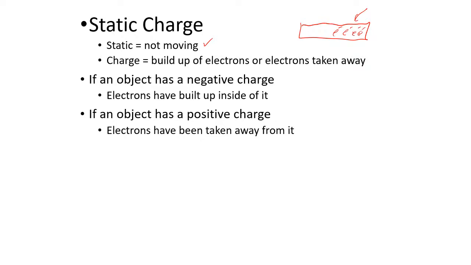If an object has a negative charge, that means electrons have built up inside of it. Now, if you remember from our chemistry unit, electrons are negative.